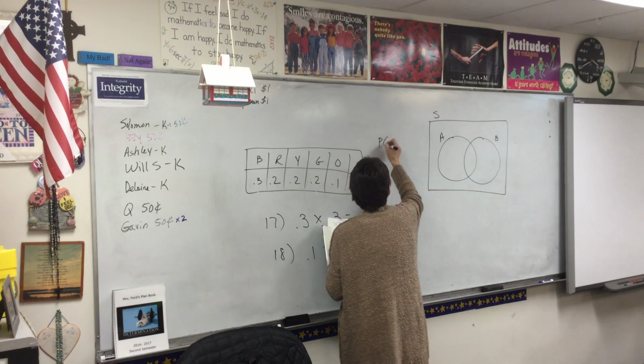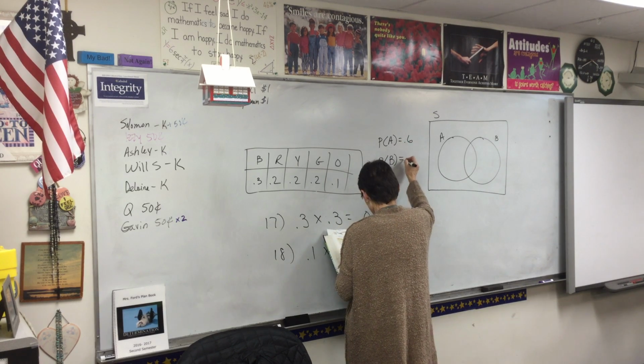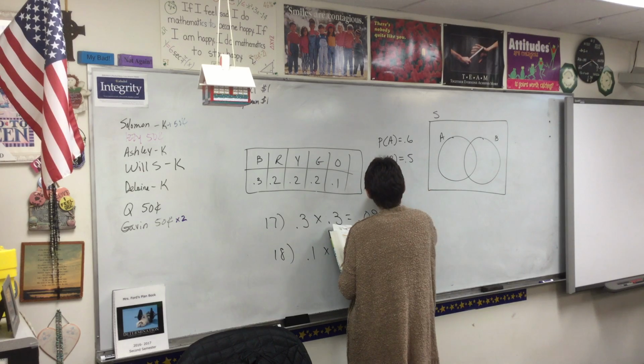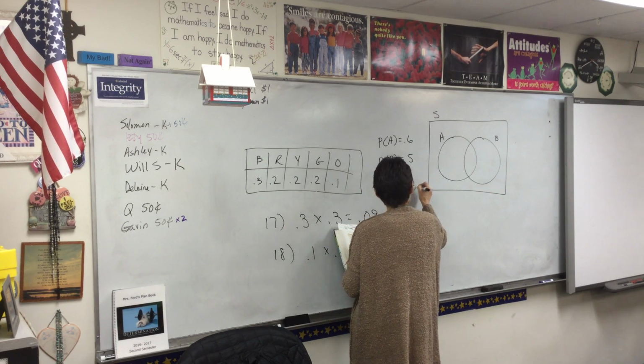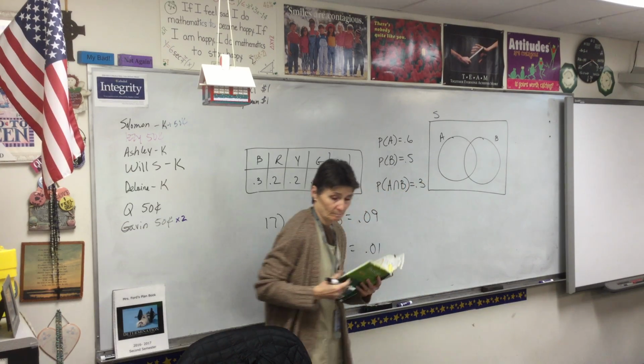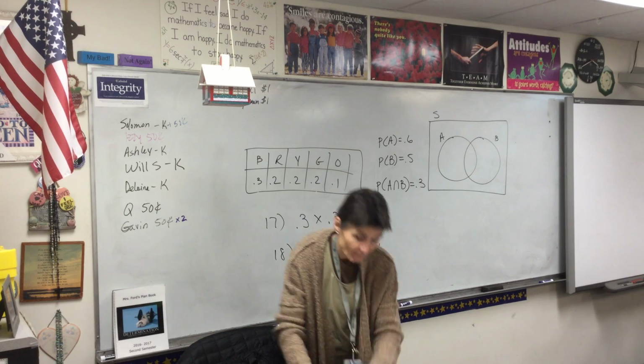The probability of A is 0.6, the probability of B is 0.5, and the probability of A and B is 0.3. It says draw a Venn diagram.